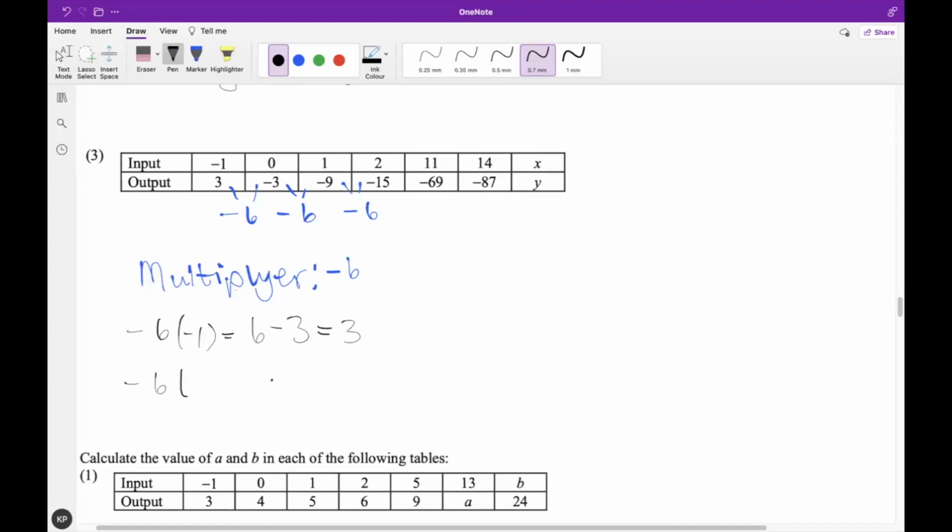Remember what happened with the last flow diagram, the one we had to do today? It worked for one, but not the other. So we have to check it. So negative 6 times 0 is 0. And if I subtract 3, I get negative 3. And that is correct. So therefore, my formula is y is equal to negative 6x minus 3.